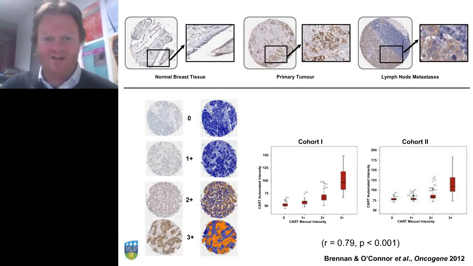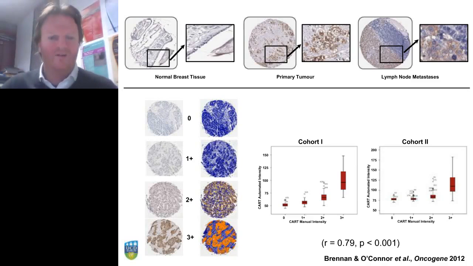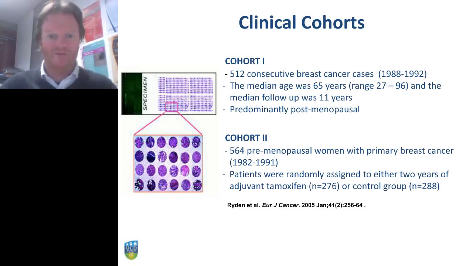Using this, we defined a cutoff of 3+ for high CART, and 0, 1+, 2+ for low CART, with an RGB score that we applied across multiple cohorts to define high CART versus low CART, and therefore examine its expression and correlate that with outcome of these patients.